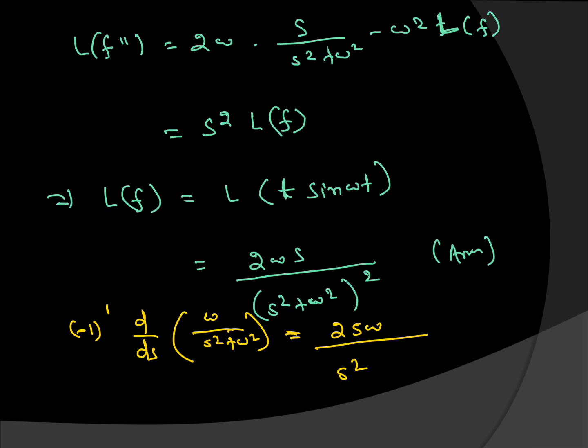This is the same answer. You have to refer to my previous video on how to use the t to the power n term and division also. Derivative is lengthy, so rarely they ask this type of question.